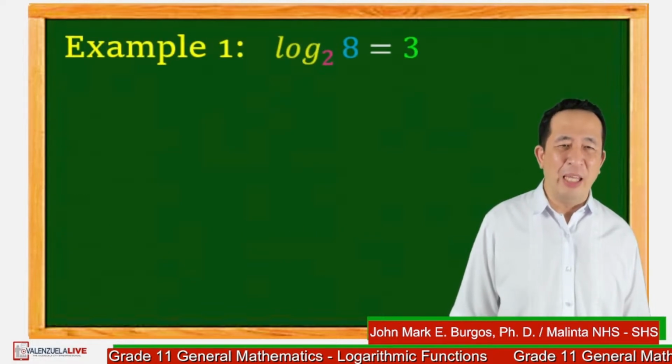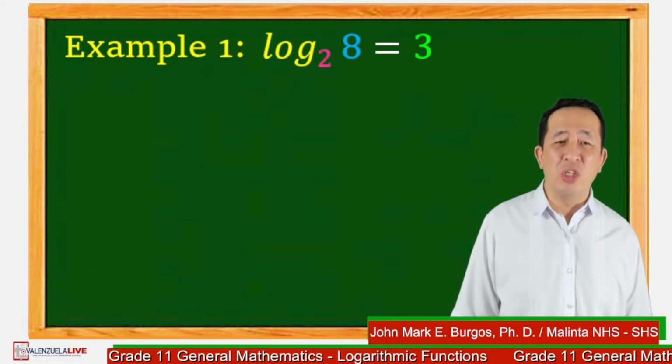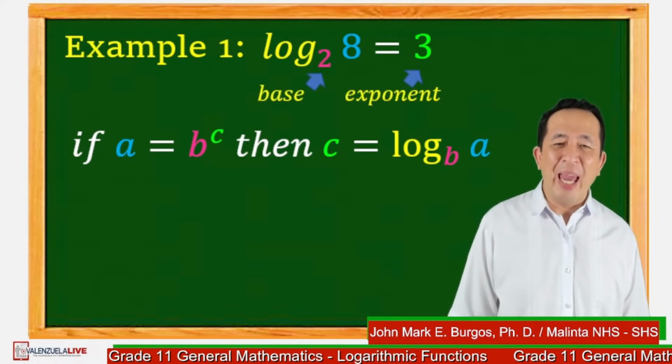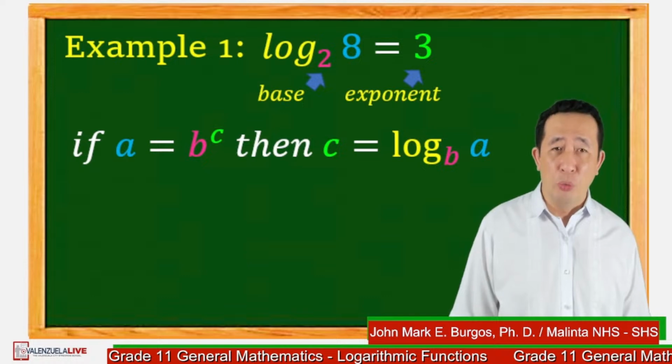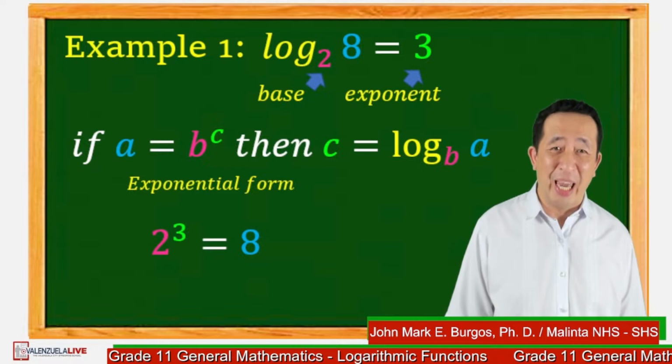Logarithm of 8 to the base 2 is equal to 3, in which 2 is the base and 3 is the exponent. If A is equal to B raised to the power of C, then C is equal to log base B of A, or in the exponential form, 2 raised to the power of 3 is equal to 8.